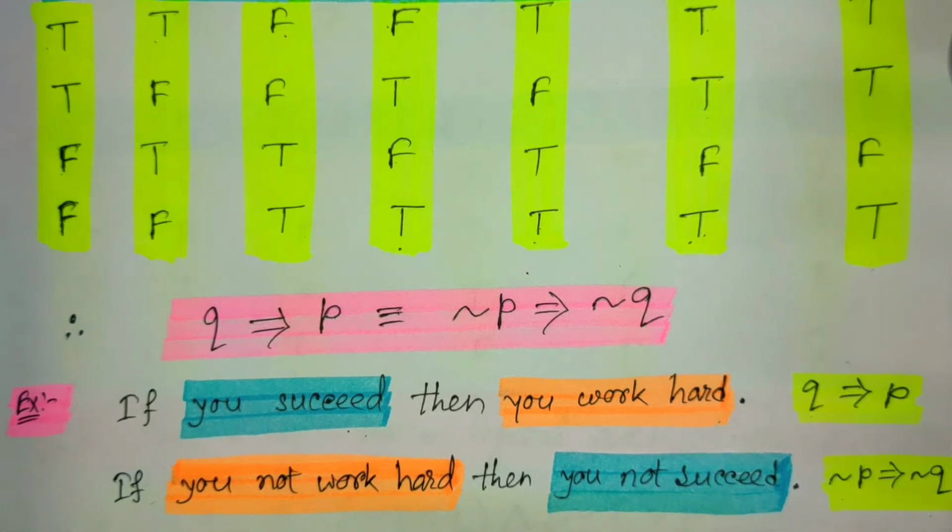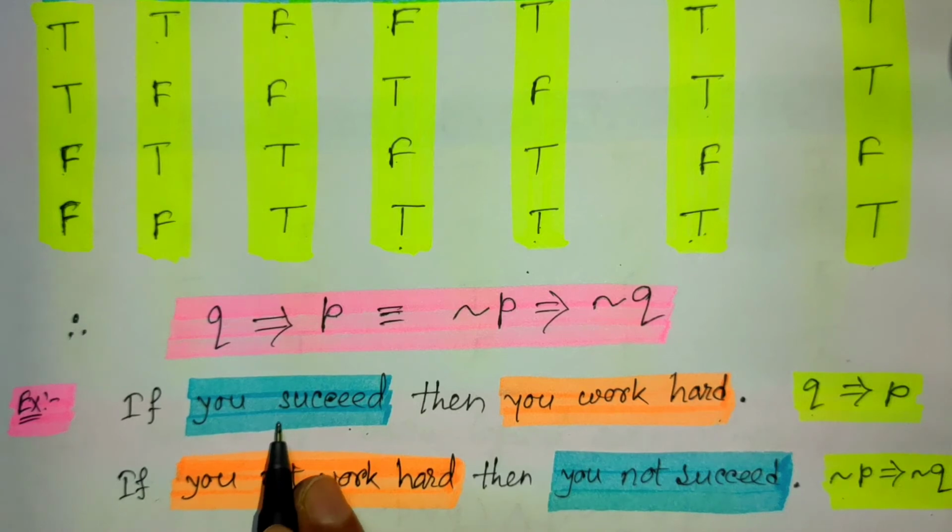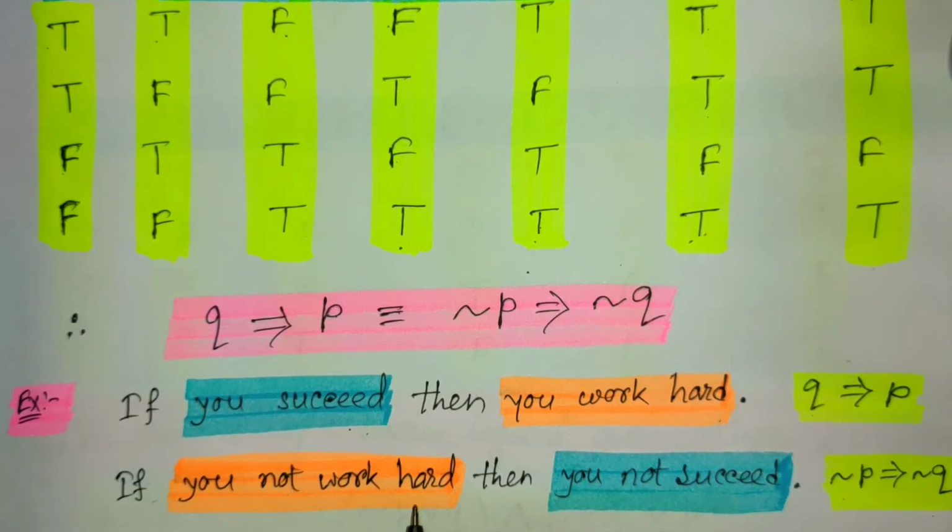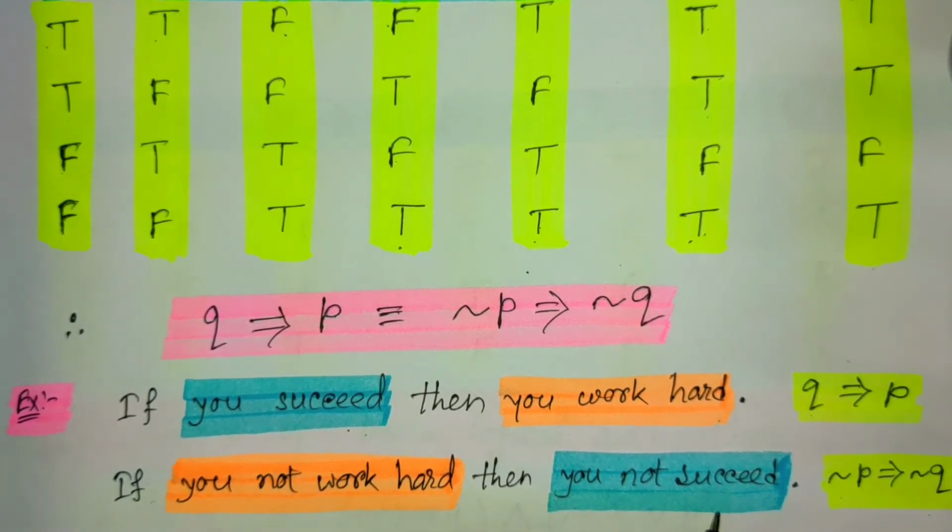And if you do not work hard, then you do not succeed. That is the same thing as the above one. It is again not necessary that you have not worked hard and you do not succeed. Not necessary, you may succeed also. So these two are the same in terms of propositions also.